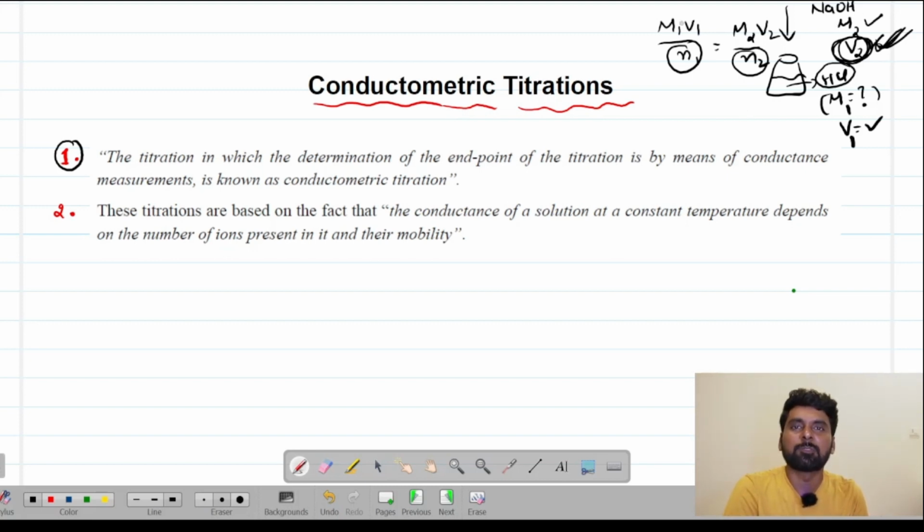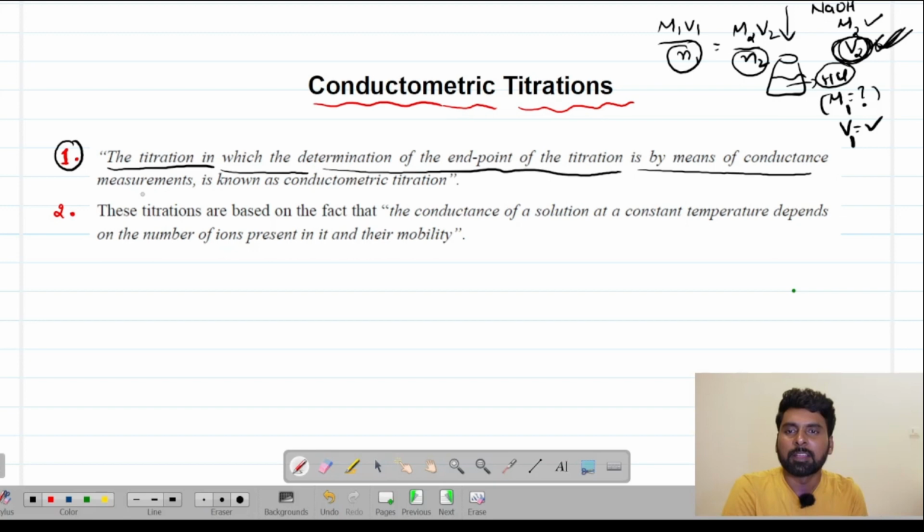Here there is no indicator in conductometric titrations. Without an indicator we are going to get the endpoint. So what is a conductometric titration? It is a titration in which the endpoint is determined by means of conductance measurements. We are not going to see a color change.